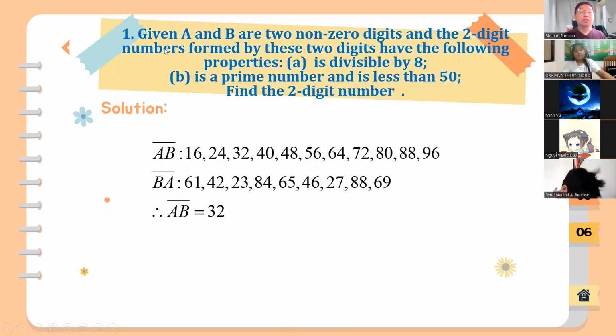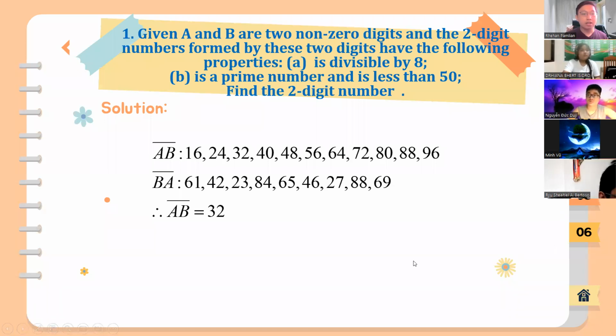To solve this, you need to take into account the properties mentioned in the problem. It should be divisible by 8, and BA is a prime number and is less than 50.